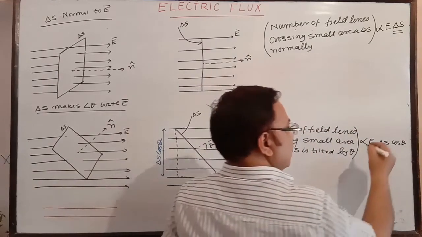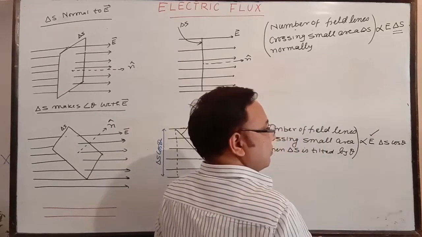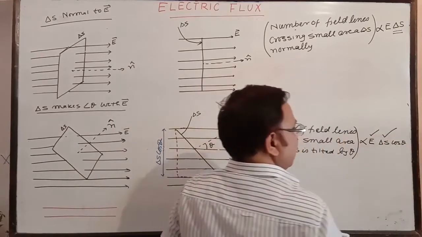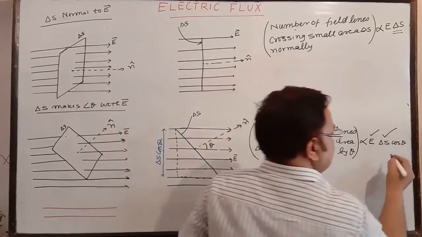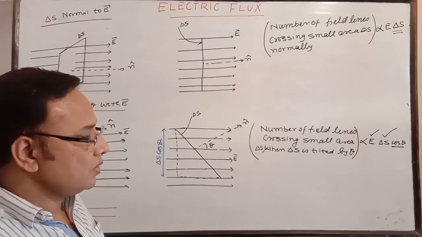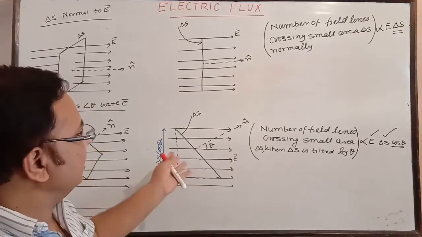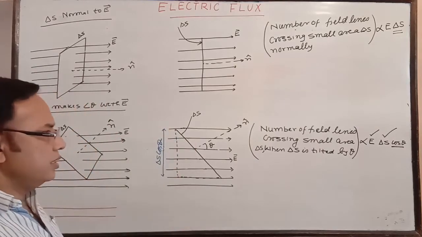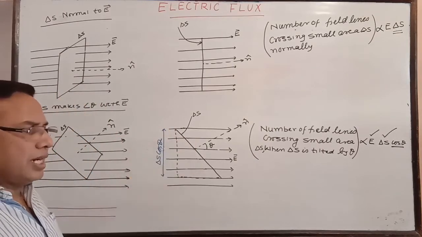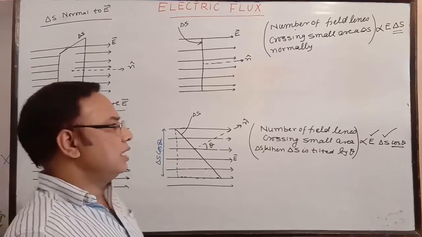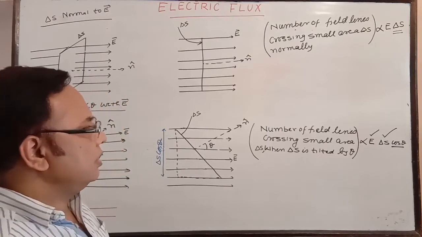So not only the magnitude of the strength of the electric field and the area, the surface area, the elemental area, we have to take care of the orientation of the area as well. With the orientation or direction, the value of exposed area is also changing, or the field passing through that area is also changing. So here area will be treated as having a certain direction.